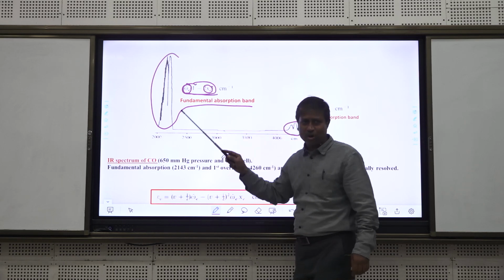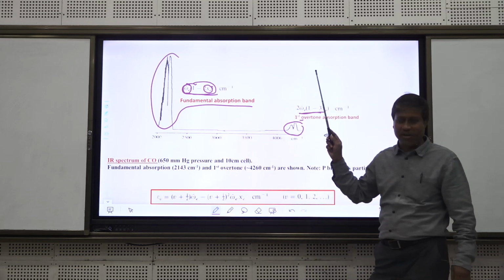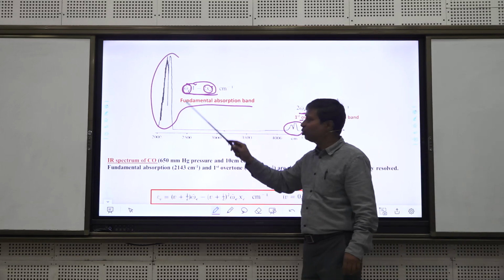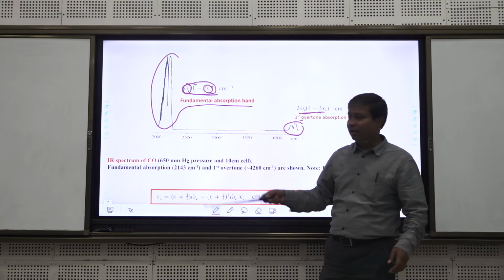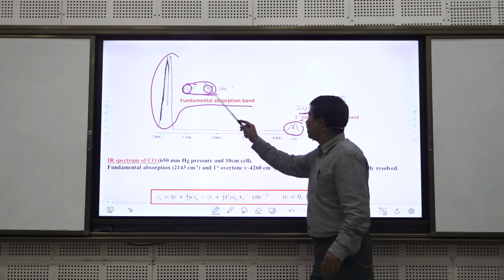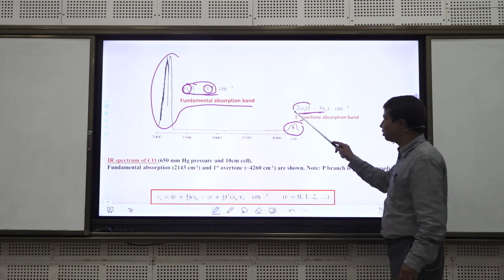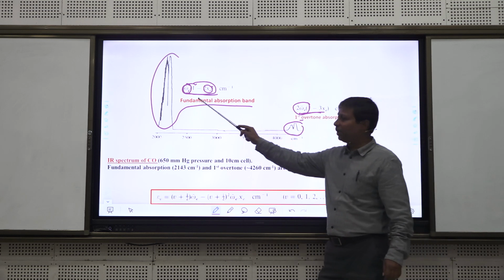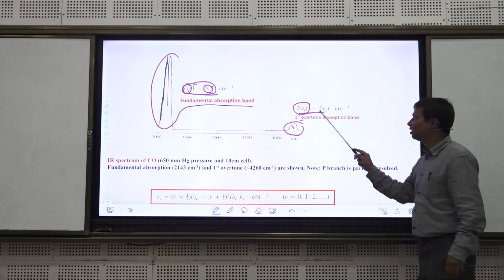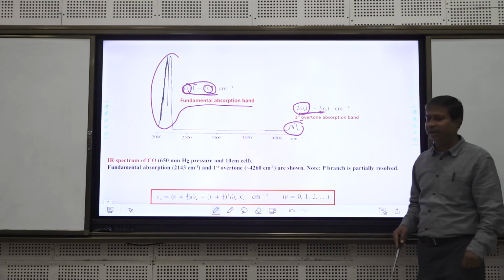Xc is a very small quantity, you have seen 0.01, while the other is in 1000. And the first overtone comes at double of omega E minus some small amount.